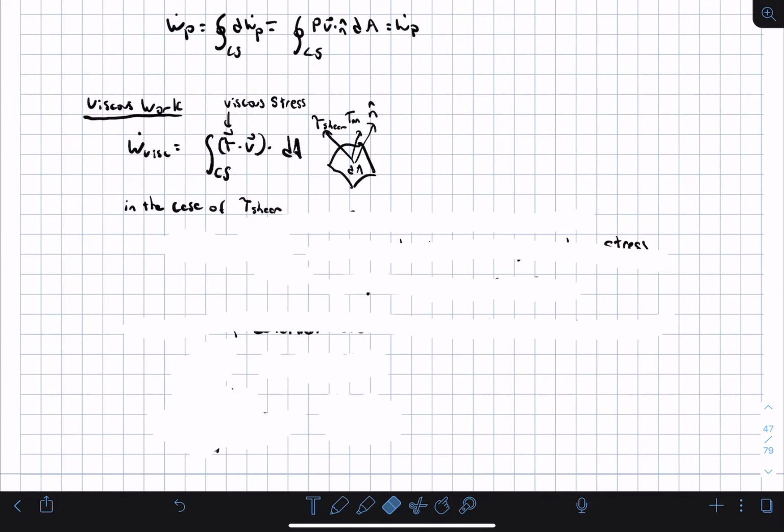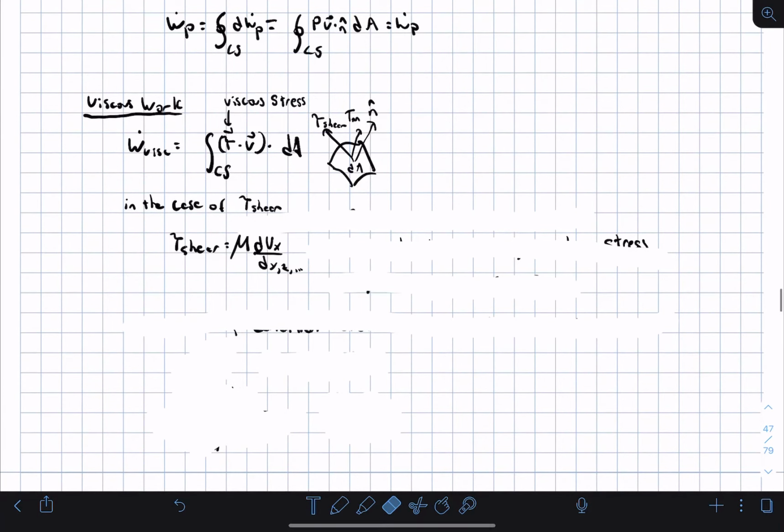And in the case of shear stress, just recall that shear stress is defined to be the viscosity times a velocity gradient, and this can be the velocity in the x, y, or z direction, and this gradient can also be in the x, y, or z direction.